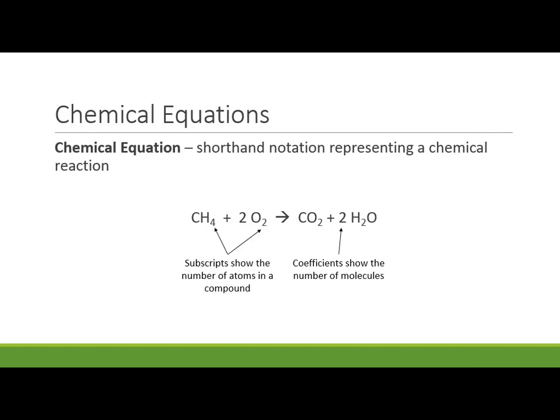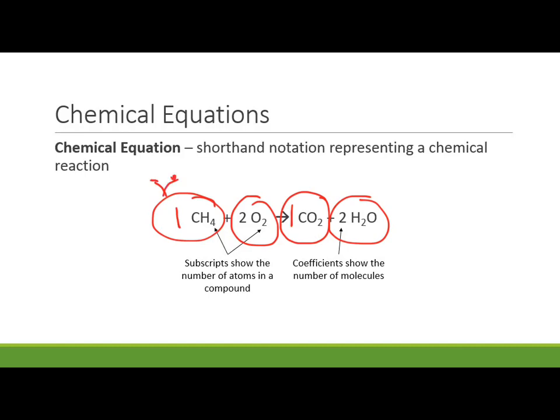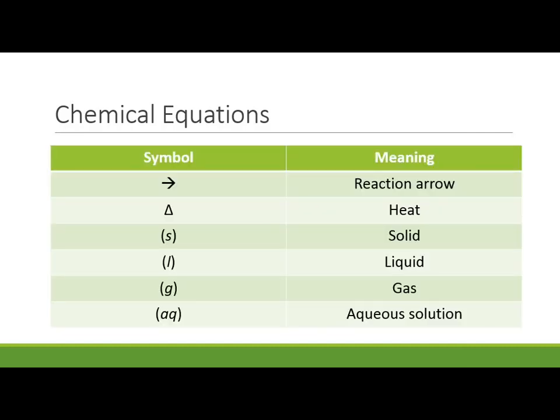So we could, if we wanted to, write in a 1 in front of the CH4 and a 1 in front of the CO2 to say that we have 1 methane molecule, 2 oxygen molecules, 1 carbon dioxide molecule, and 2 water molecules. And I put some antennae on there, and I could have myself a happy little chemistry caterpillar.